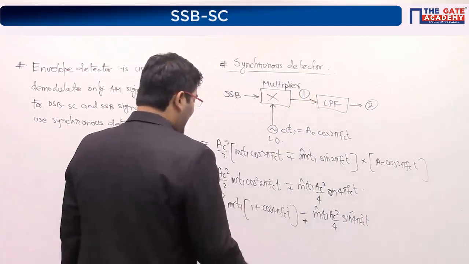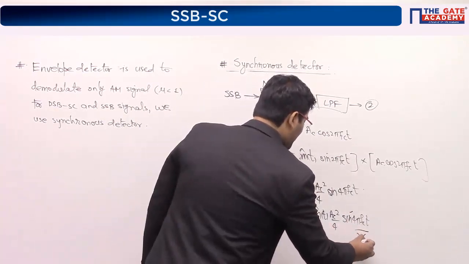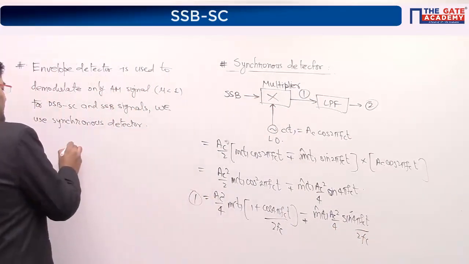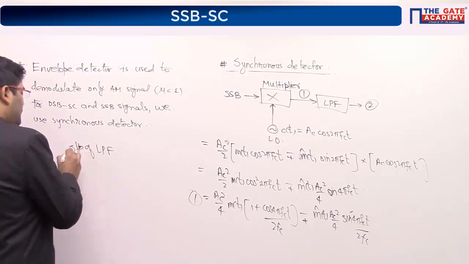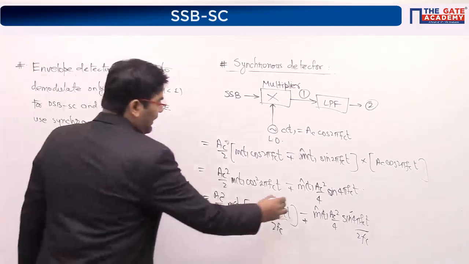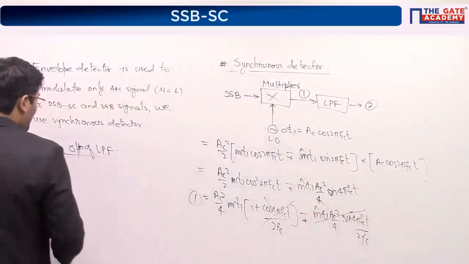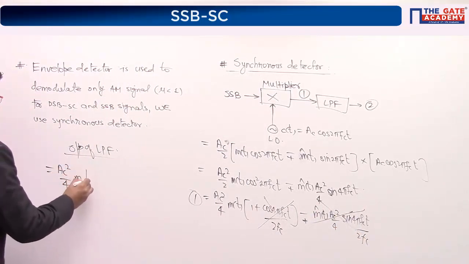So we well know that this will give us 2 fc frequency, this will also give us 2 fc frequency. But the output of the low pass filter will do what? They will cancel this and this, it is gone. You'll only get Ac square by 4 times m(t).